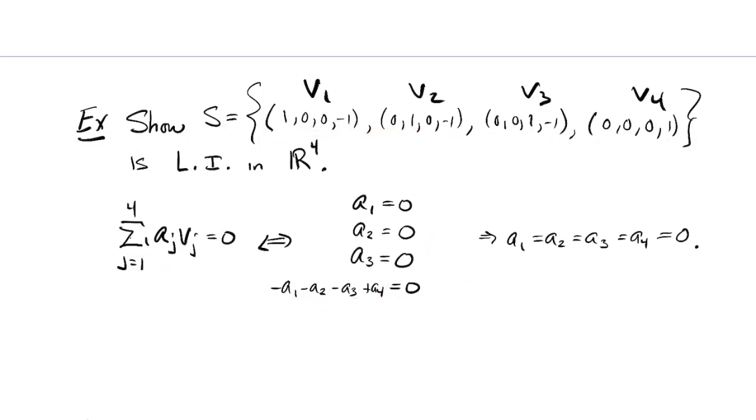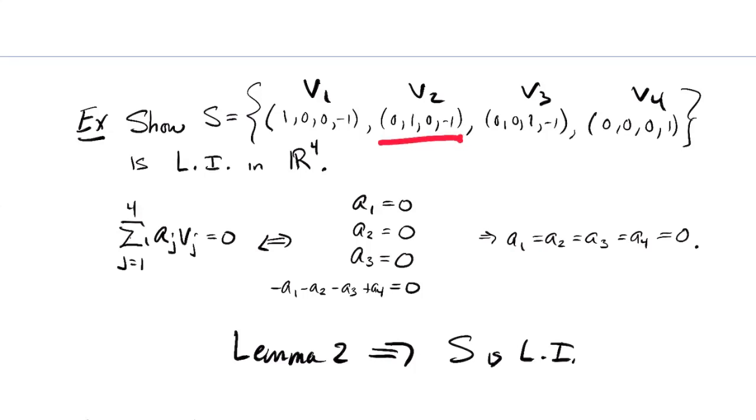All right, so the whole argument, if I summarize it: we supposed that this thing was a linear combination that equals 0, and we were able to prove that all the coefficients are equal to 0. So lemma 2, which we just used for the first time and will use a lot, says that S is linearly independent. So that's a linearly independent subset. Circling back through some ideas of this lecture, that means that no element of S can be written as a linear combination of other elements of S. If you chose any one of these, you cannot write it as a combination of the other three.